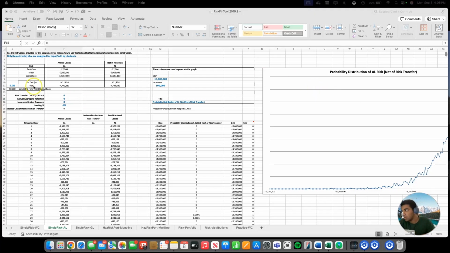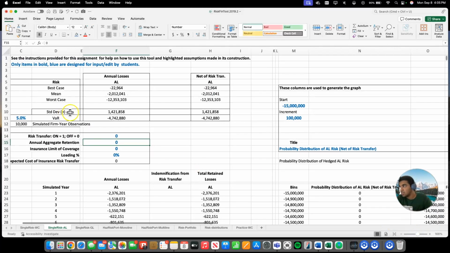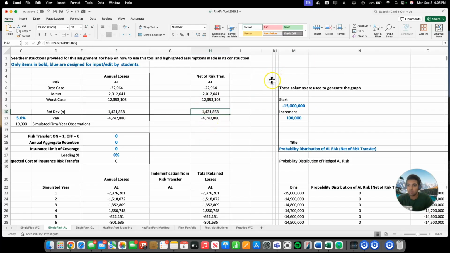But you're going to be looking right here where it shows standard deviation, annual losses and net of risk transfer. You're going to want to do this number minus this number. Yeah, that's the one to answer the second question.